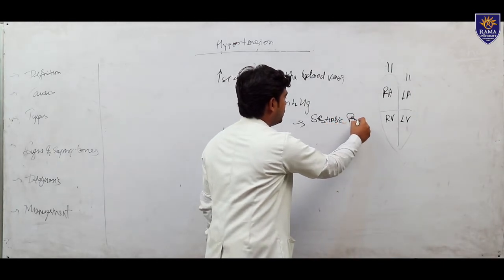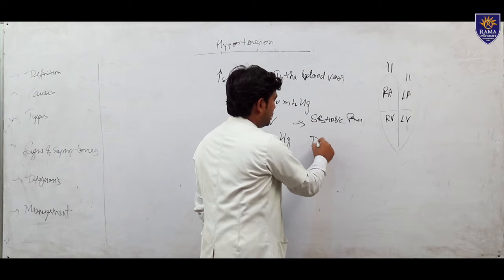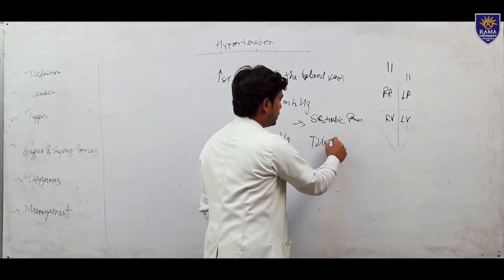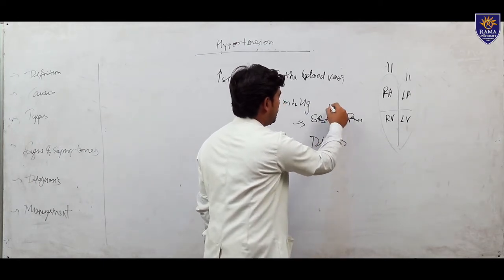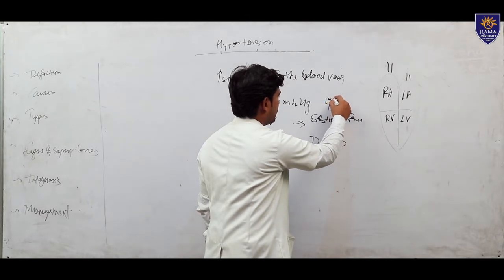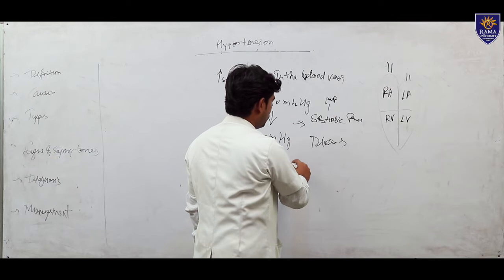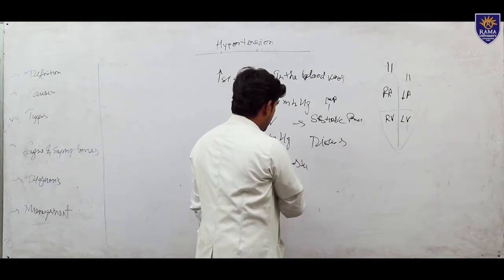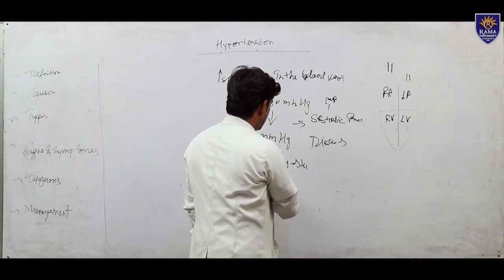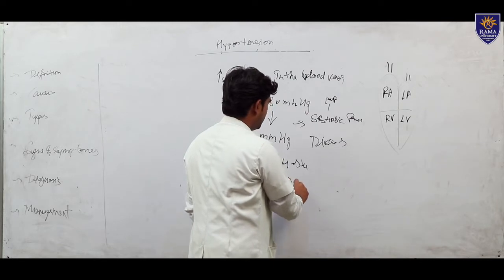pressure and one is diastolic pressure. Systolic means the upper pressure, like 120 is systolic and 80 is diastolic.